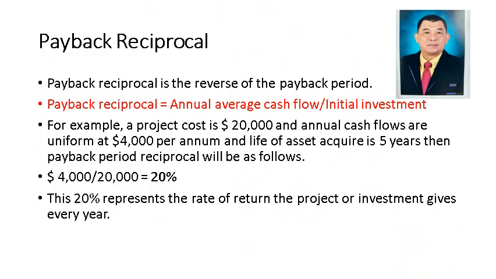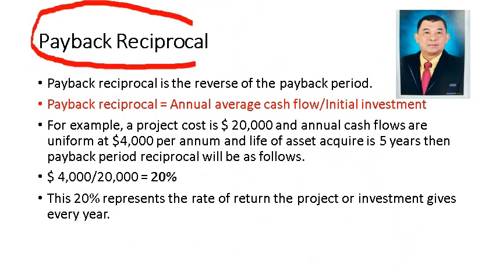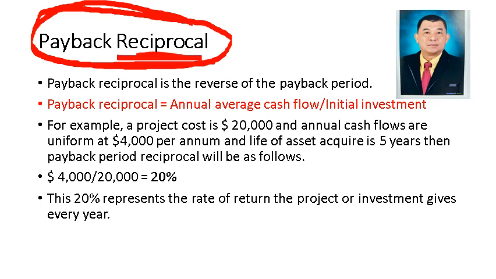Now let's go to another one. The other is payback reciprocal, meaning to say the reciprocity, no? This is very easy. If you have here your project cost or initial investment of 20,000, and it gives you on the first year, uniform, not non-uniform, it gives you 4,000 per year profit or cash inflow.